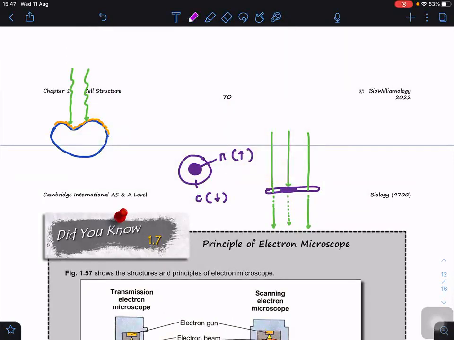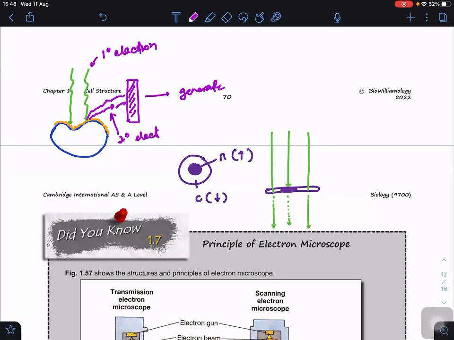When the gold particles receive enough energy, they kick out electrons. This electron will be detected by the electron detector and then generate the image. So the primary electron from the electron gun hits the gold surface, and the gold will emit the secondary electron. These secondary electrons will be picked up by the detector and we generate the image.